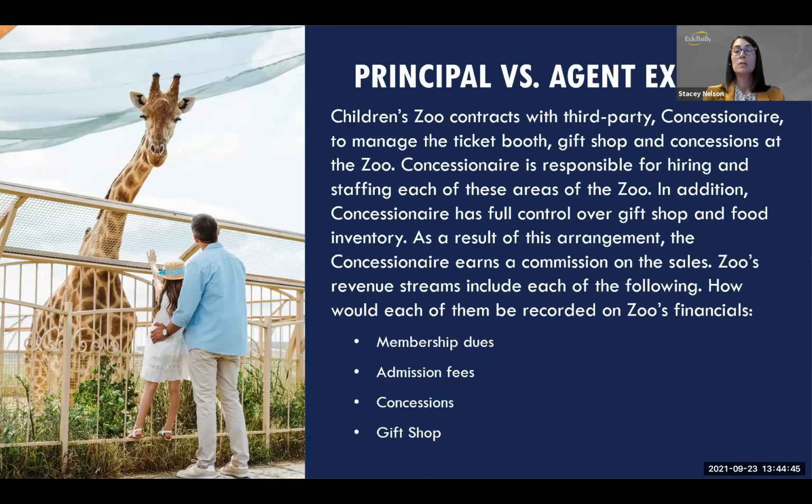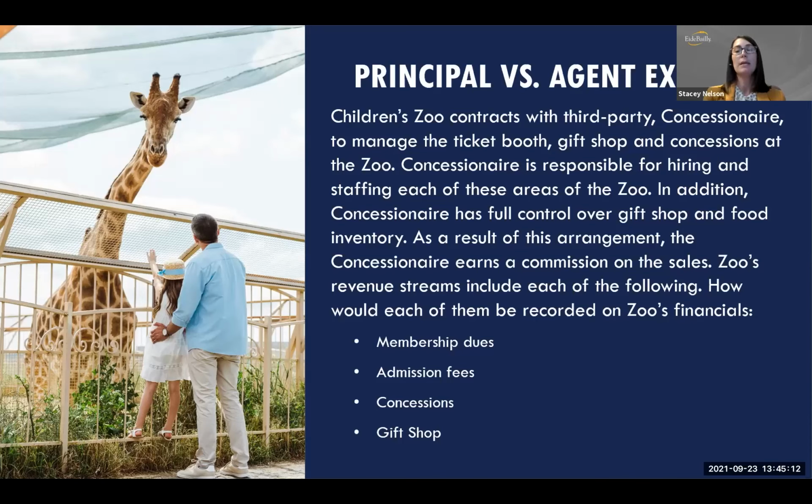financials? When we look at these considerations of whether the zoo is principal or agent for each of these streams, we need to first look at that performance obligation. Who is responsible for fulfilling the goods or services to the ultimate customer, and who has control? So in looking at membership dues, the zoo would be providing the end service, the experience of visiting the zoo, to the customer.